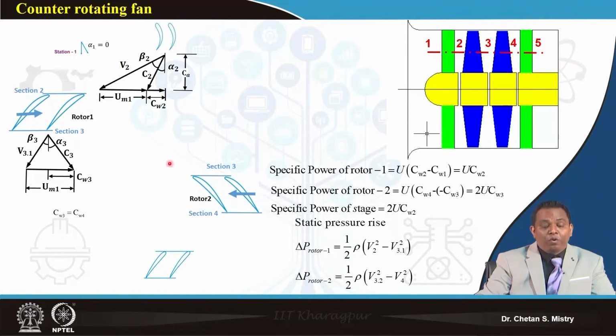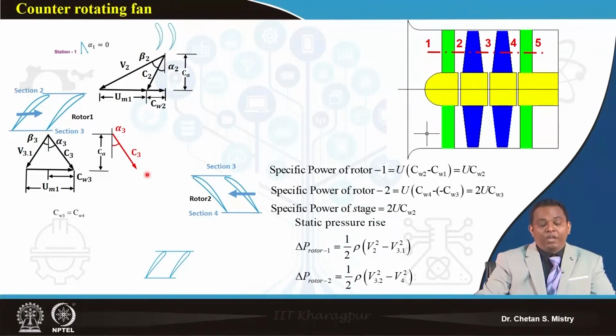Now, this rotor is rotating in one direction, and I have my second rotor rotating in the opposite direction. So what happens? Let's see. Suppose I make the assumption that my absolute velocity coming out of rotor 1 enters rotor 2 at the same angle.